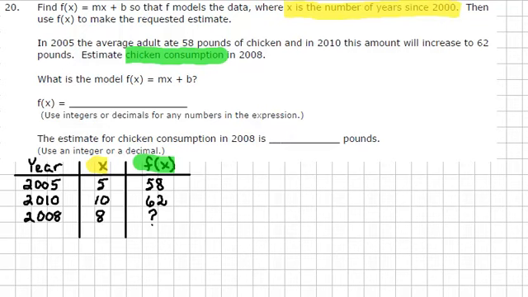We're asked to find a model that has the form f of x equals mx plus b. And so what we want to recall in that formula is that m represents the slope. M is the slope. And the b value is the beginning value.